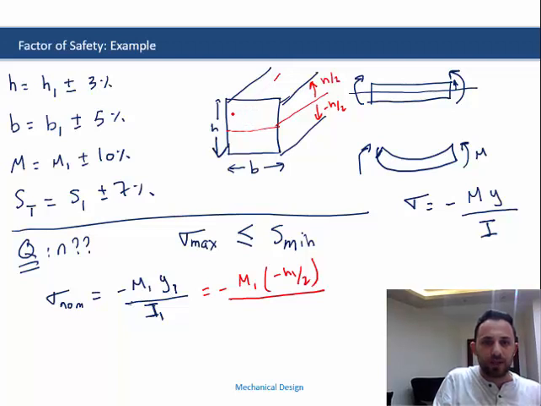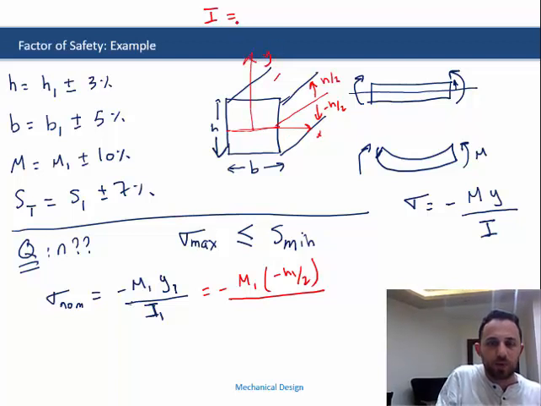Let's assume that we need I around the neutral axis. This is the x-axis and this is the y-axis. I around this plane, around the x-axis.